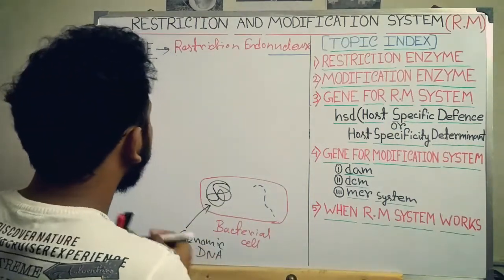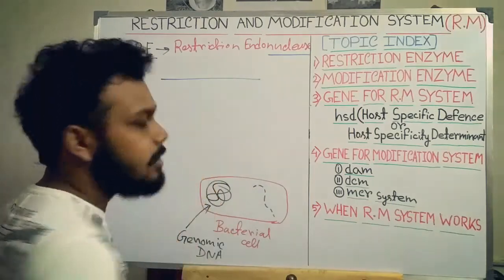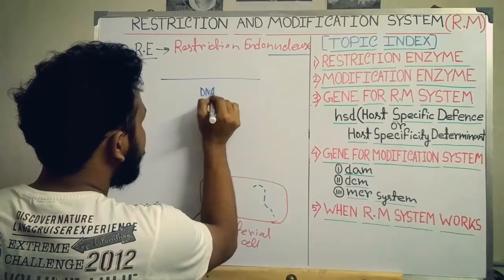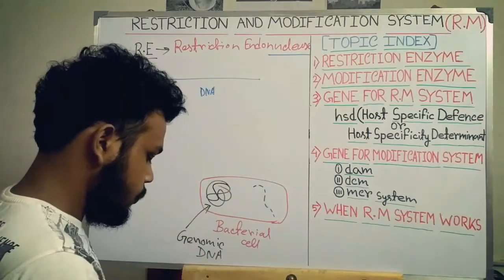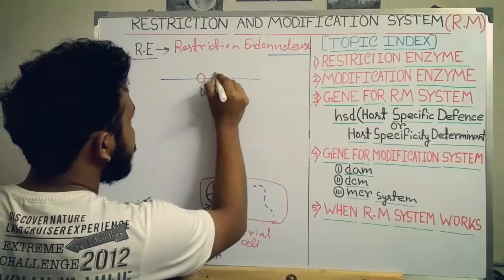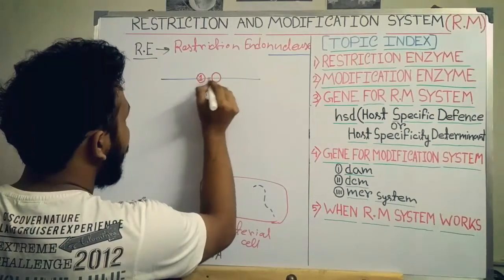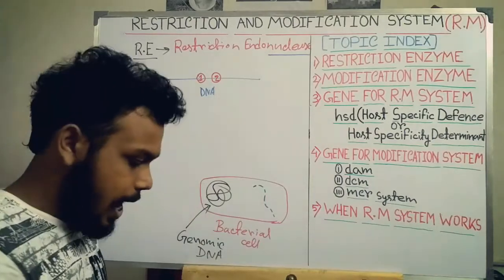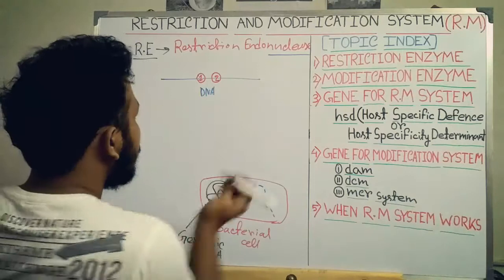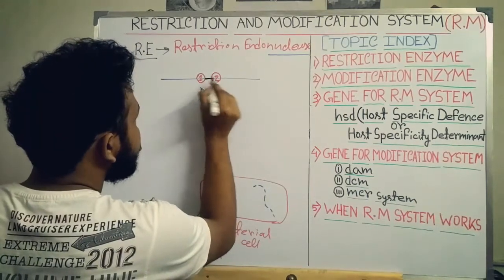So suppose this is a DNA, and here nucleotide number 1 and nucleotide number 2 are present, and these two nucleotides are connected to each other by the phosphodiester bond.